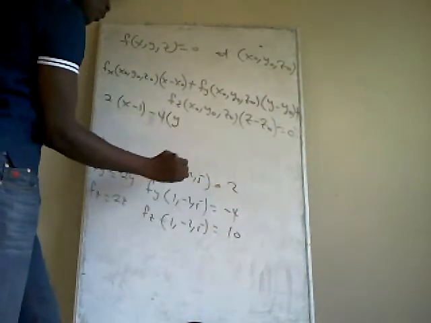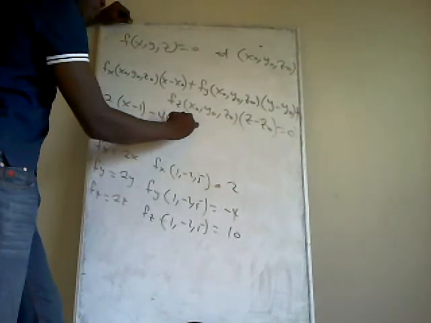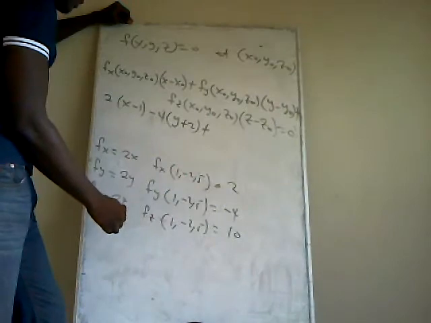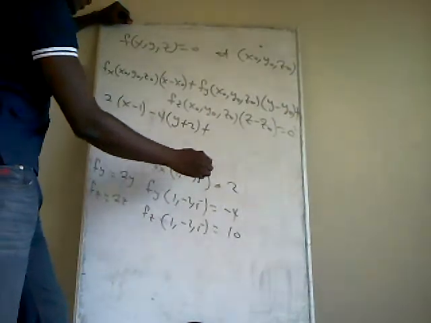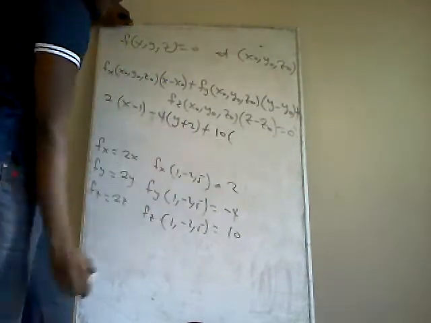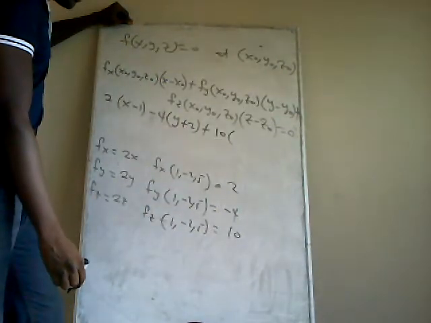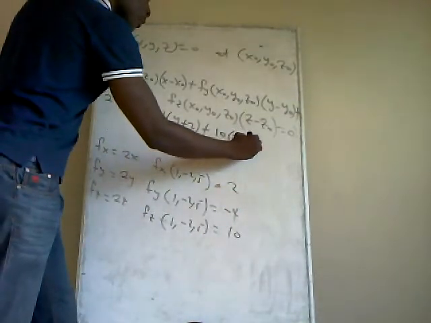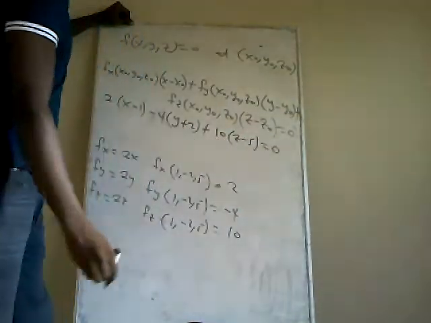Y naught is minus 2, so I get plus 2. Plus fz at the point, which is 10, times z minus z naught. Now z naught is 5. So z minus 5 is equal to 0.